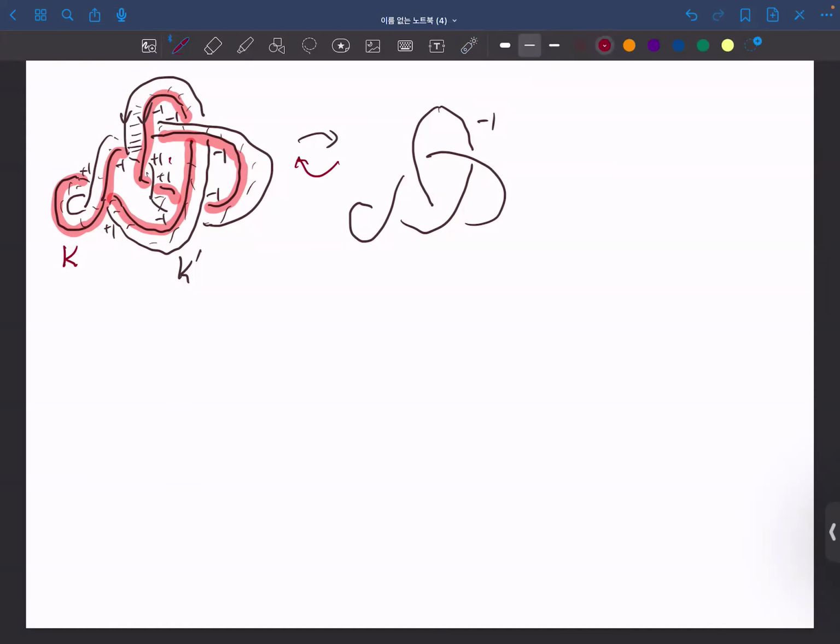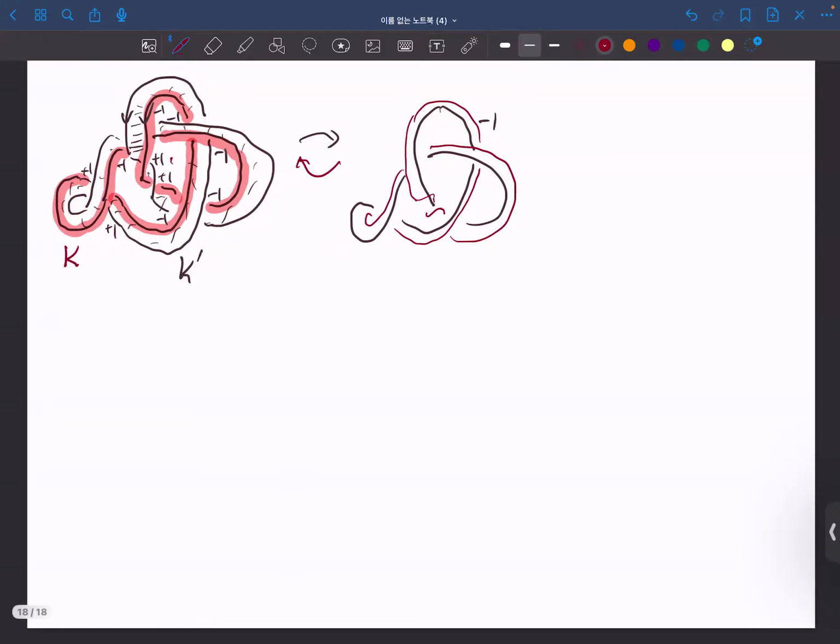Simply speaking, you just draw a parallel, but you give such a twist to make the linking number between red and black become minus 1. If you do like that, you can make equivalent framed links from the right part.